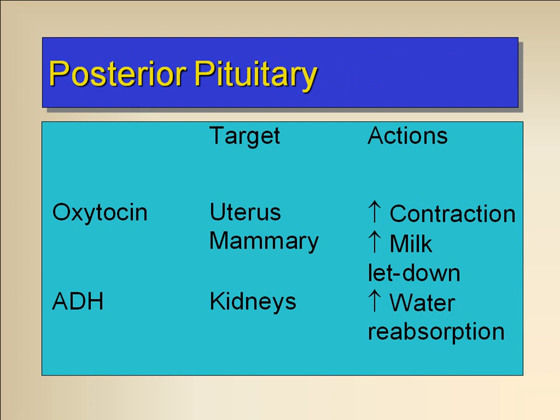Anybody heard of oxytocin? What's the common name that we use? Pitocin. Anybody heard of somebody getting Pit? When you go to labor and delivery, if you're induced, most times it's Pitocin that you're given.